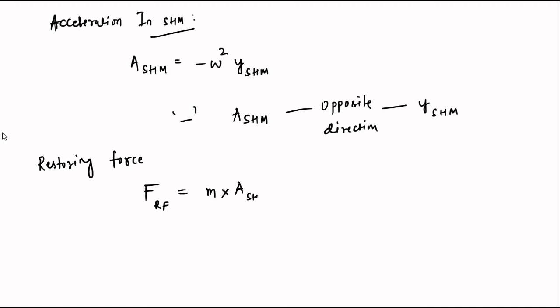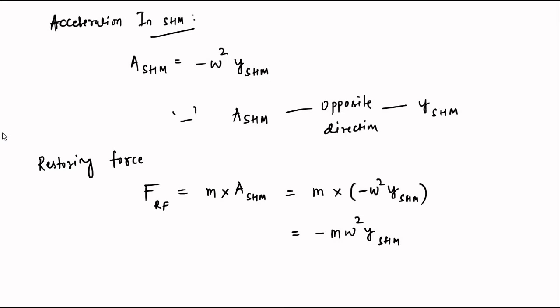And this restoring force, let's call it F subscript RF, is given as mass multiplied by acceleration of simple harmonic motion, where m is the mass of the object or the body undergoing simple harmonic motion, and that is equal to m multiplied by minus omega square y SHM. Here also there is this negative sign. It means that the restoring force is always in the opposite direction to the instantaneous displacement.